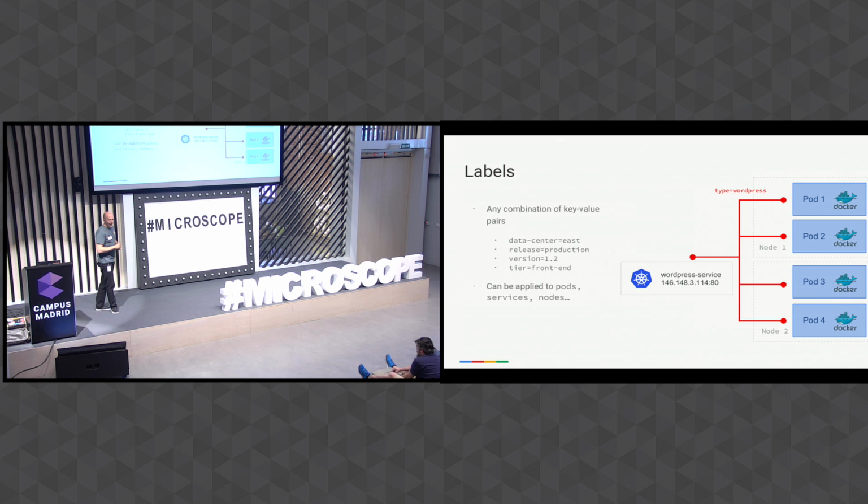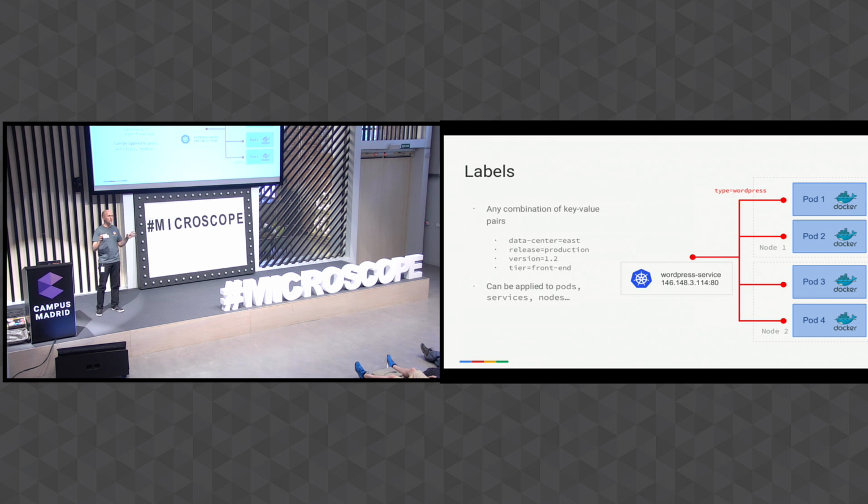So how does a service find the pods? We have seen how to create a pod. We have seen how to create a service. How do I connect these two? You connect services with pods using labels. And labels, as you can see here, are any combination of key values that you want to use. So you can say, I'm going to say type equals production, I'm going to say version equals 1.2, or tier equals front end.